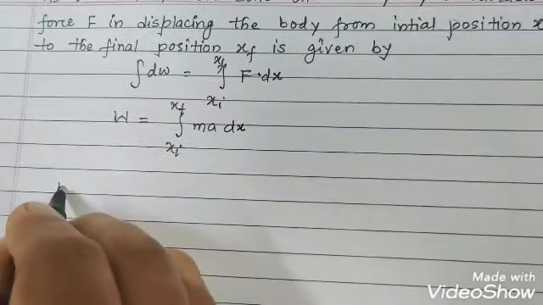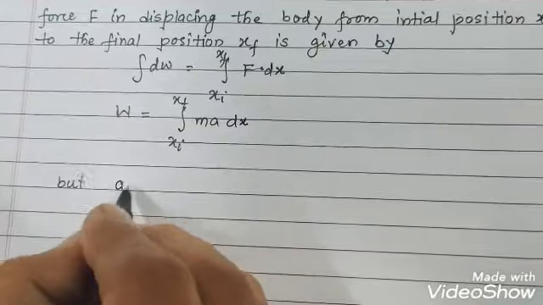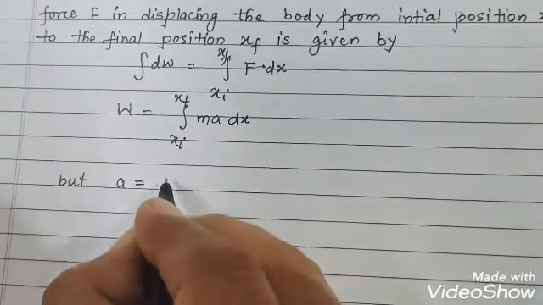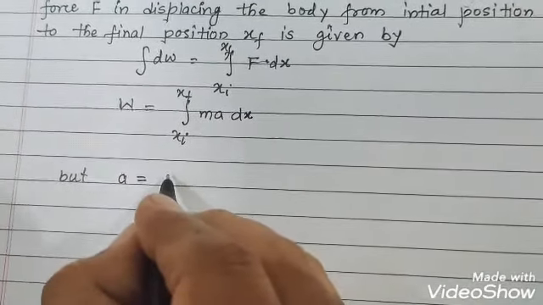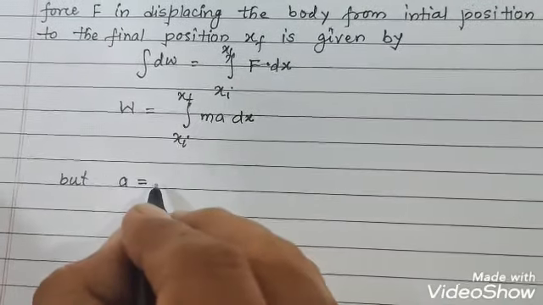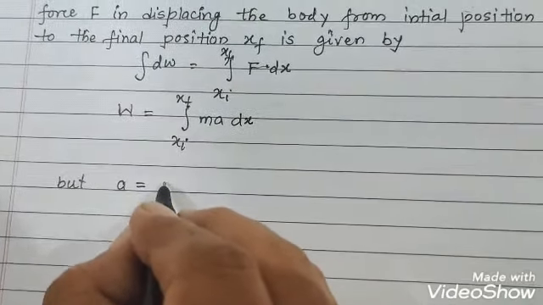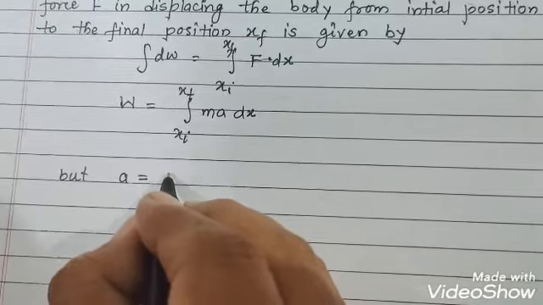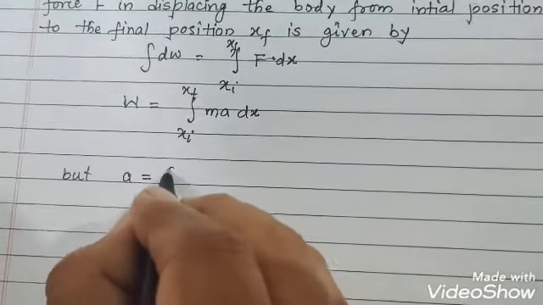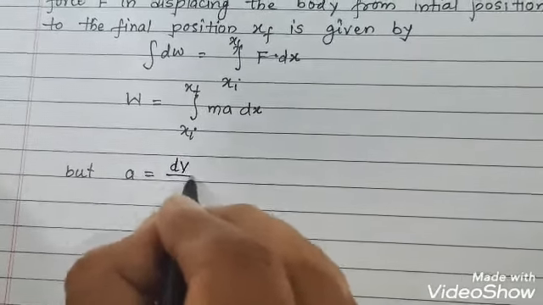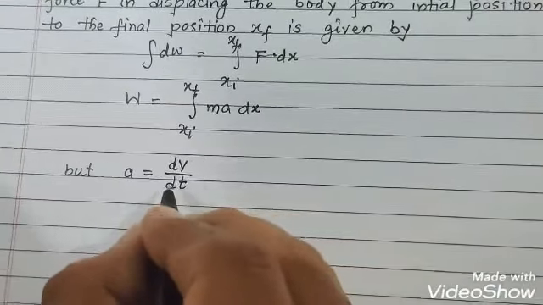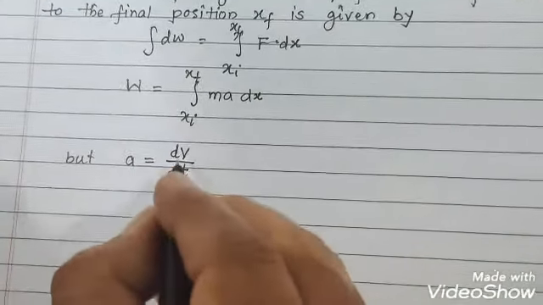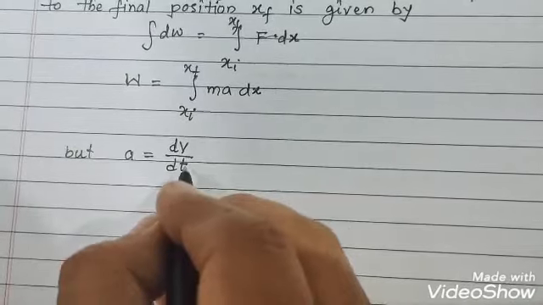But we know that acceleration is given by the change in velocity with respect to time, that is, for a small time interval, it will be equal to dv upon dt. So acceleration can be written as dv upon dt.